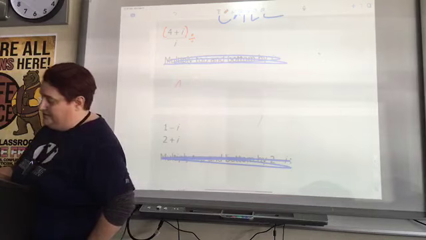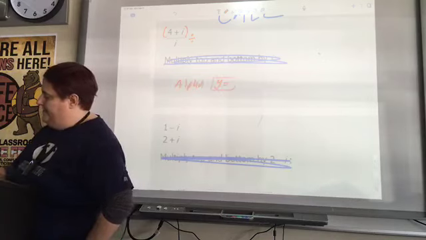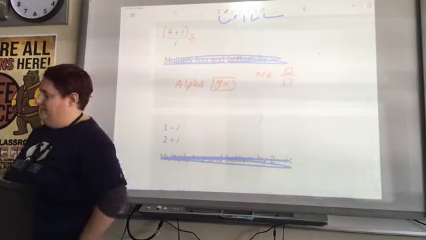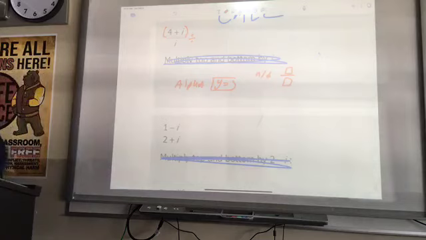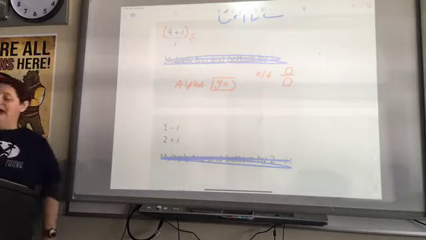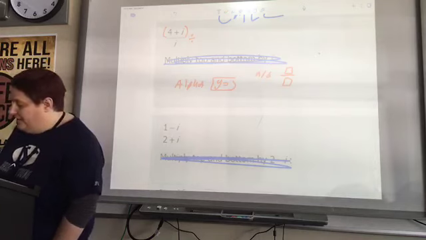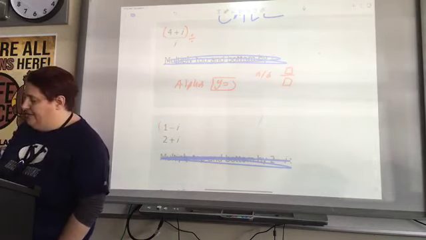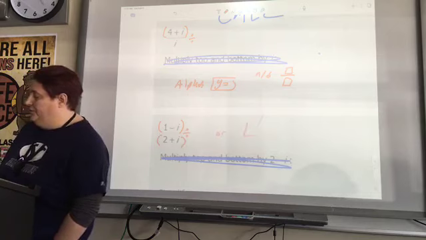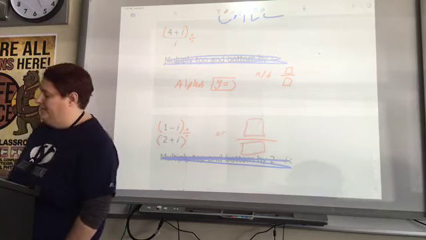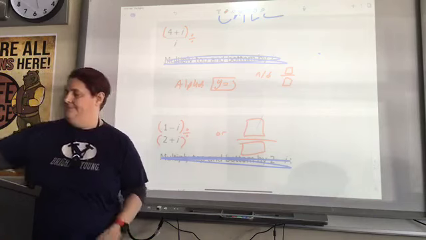The fraction key is under alpha y equals. There's a little menu and it makes a fraction for you. If you use that, you don't have to worry about parentheses. On the second one, if I type it in like this, I have to go parenthesis divided by parenthesis. Or you use that secret fraction button, and then you just type this in.